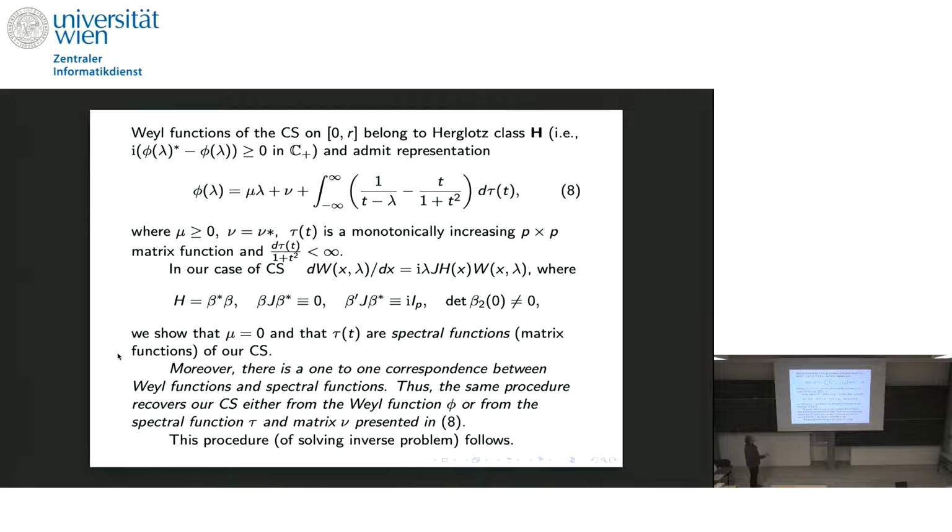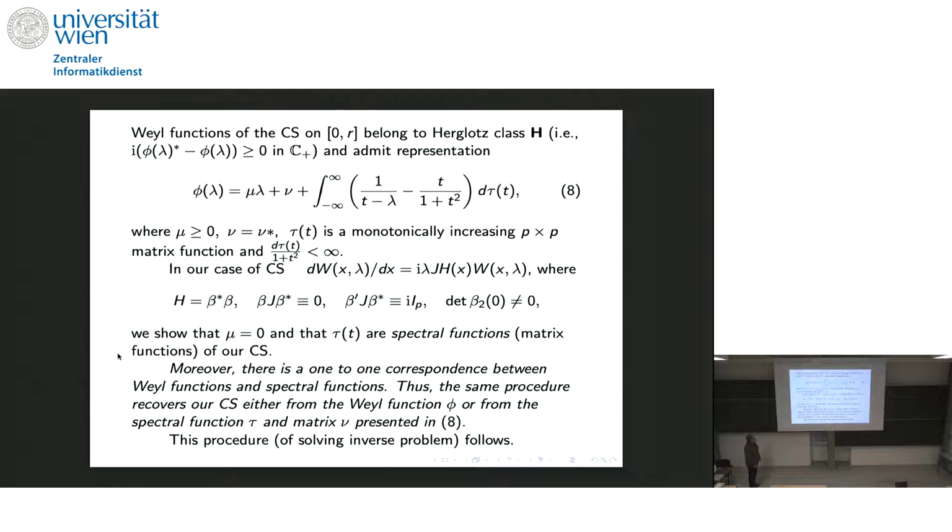I remind that we consider this kind of canonical systems, and in this case, mu equals 0, and tau of t are spectral functions, spectral matrix functions of our canonical systems, the tau of t in the Herglotz representation of the Weyl-Titchmarsh function.